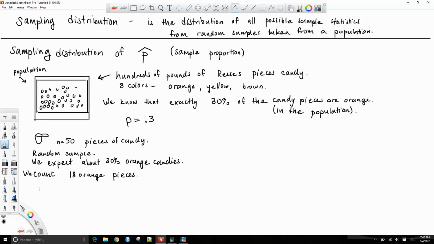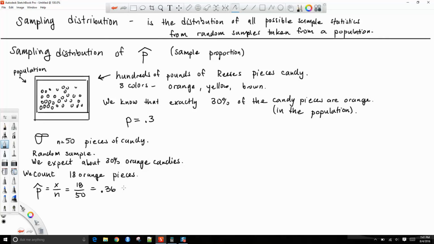My p hat for this sample is going to be x over n, 18 divided by 50, 0.36. So in this random sample, I got p hat to be 0.36.